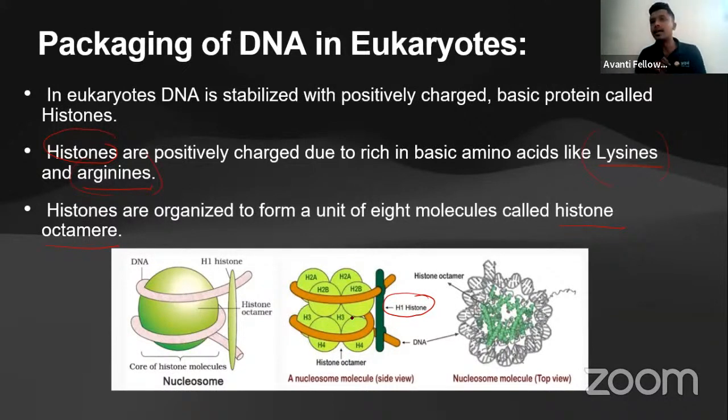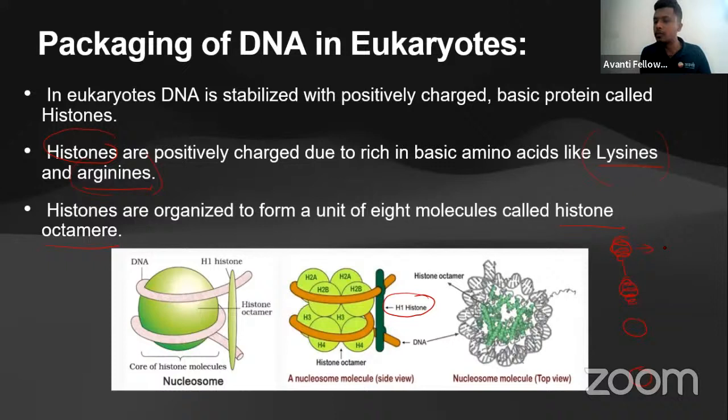Once they create histone octamers, each histone octamer is very well placed at a uniform distance. Now what happens? These histone octamers carry a powerful positive charge. DNA, being negatively charged, starts winding around these histone octamers very systematically.